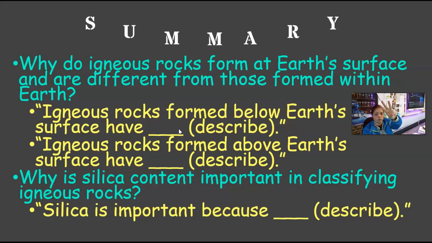Those 3 things. Large crystals, they're called magma, and intrusive. Igneous rocks formed above Earth's surface have small crystals called lava and extrusive. Those 3 things. Small crystals called lava and extrusive.